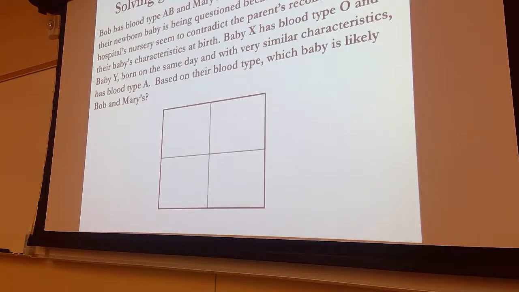So what blood types could their babies have? They will either be blood type A or blood type B. So which baby is likely theirs? Baby X or baby Y?